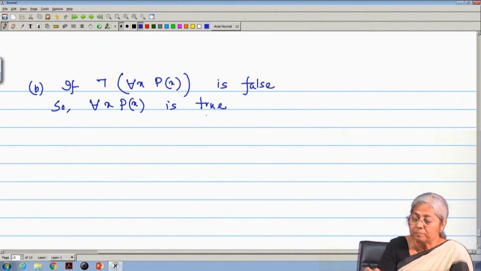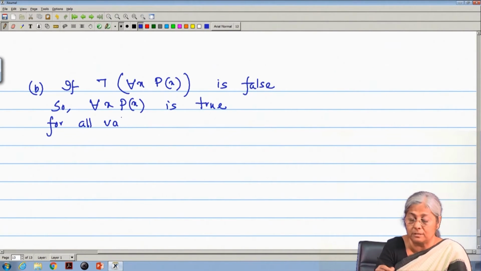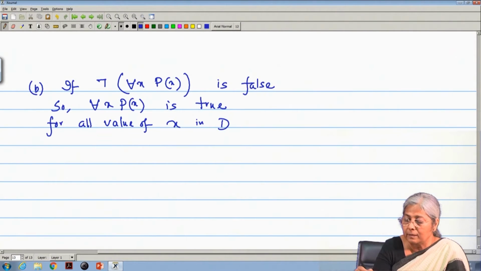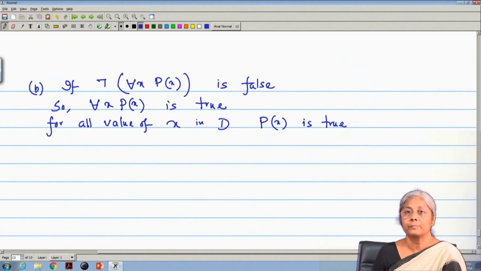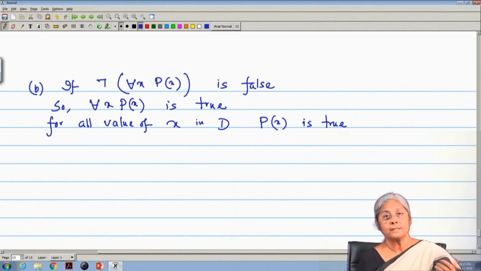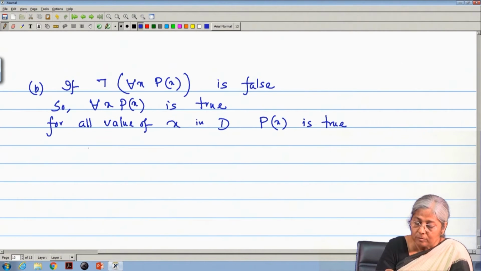Now, for all x p x true means that for all values of x in D, since it is a universally quantified statement, p x is true.